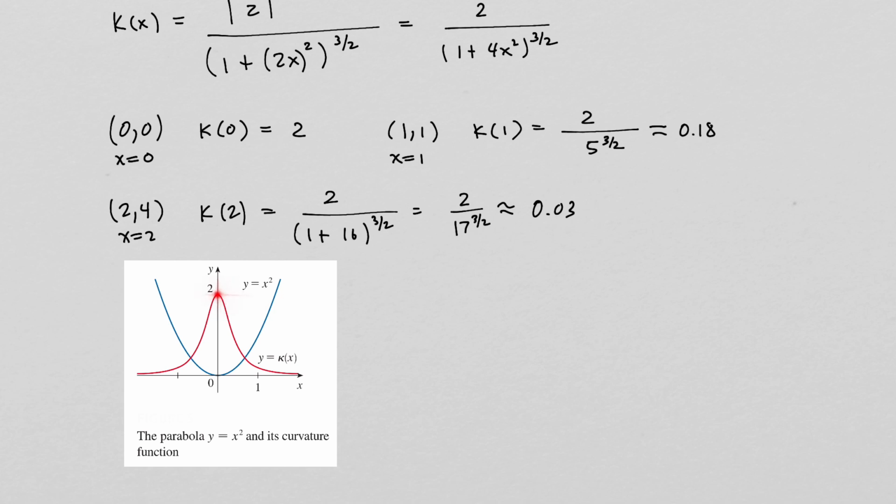And that maximum curvature there is 2. Now, if this had curved more dramatically, then this value would be higher. But because this is a relatively soft curve here, the value of the curvature function at 0 is only 2. So the higher the value of the curvature function, the more sharp the curve is.